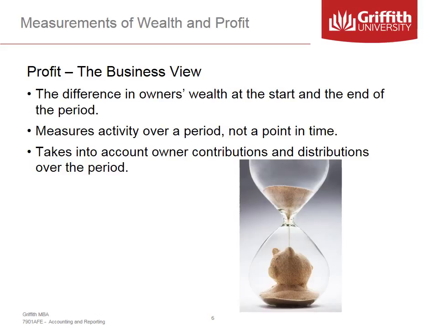Again, that's that statement, over a period, not a point in time. The activity that it measures is about the core business, the trading and the operating environment, how it trades with its customers, how it purchases and manufactures and uses resources in order to provide goods and services to its customers. So it measures that activity over a period of time.